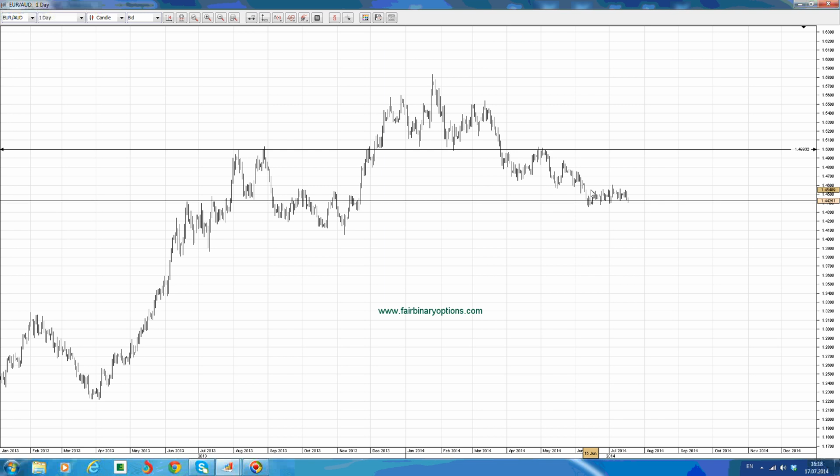Now in a terminal impulsive move, like in any other impulsive move, the fifth wave cannot be longer or bigger than the third wave, or the third wave cannot be the shortest one. And therefore, we have the possibility of measuring the invalidation of this whole scenario.